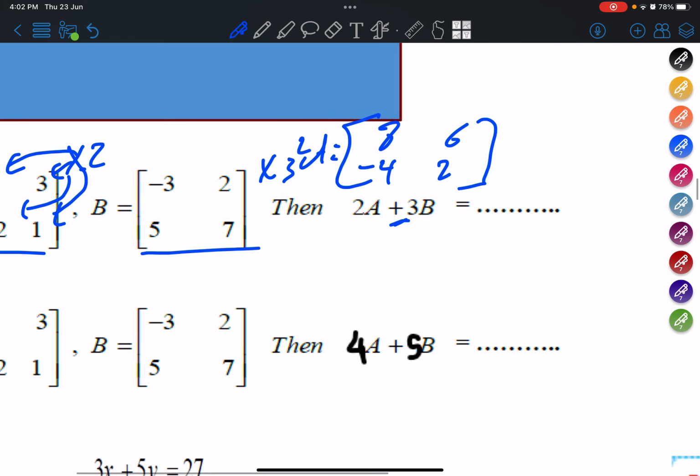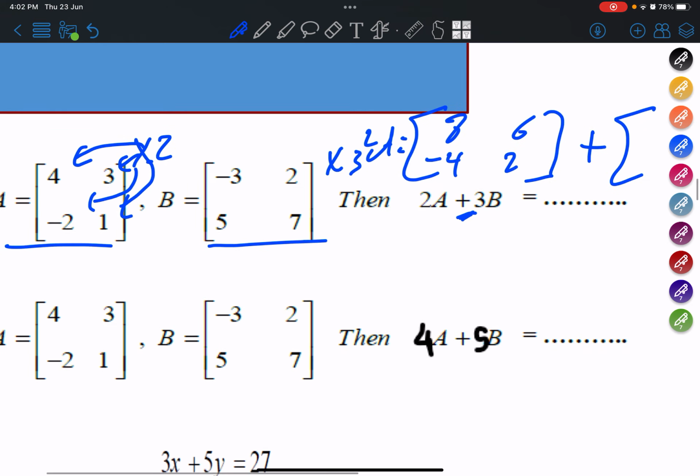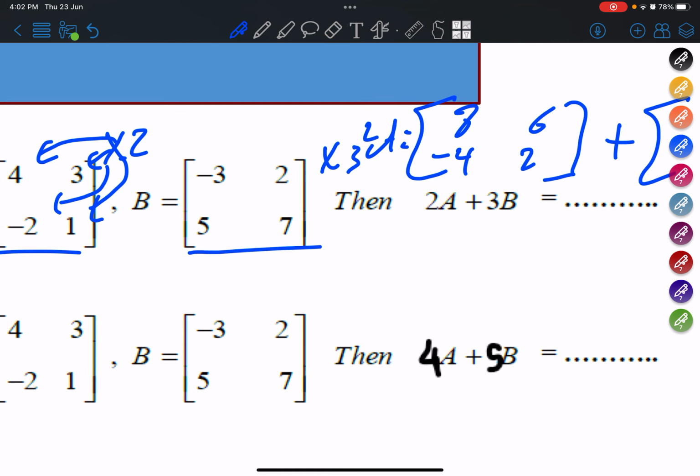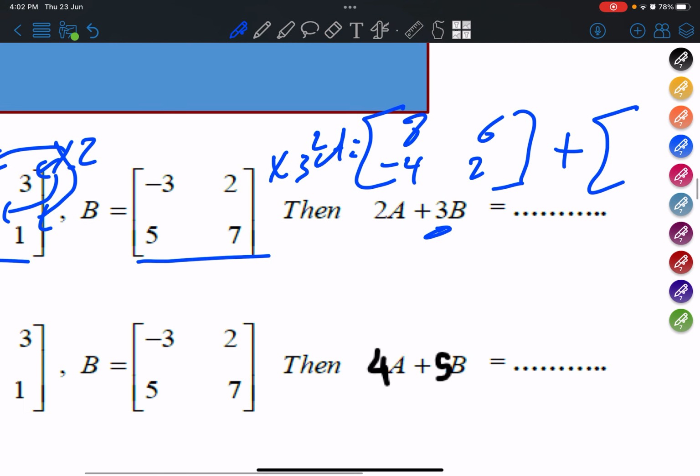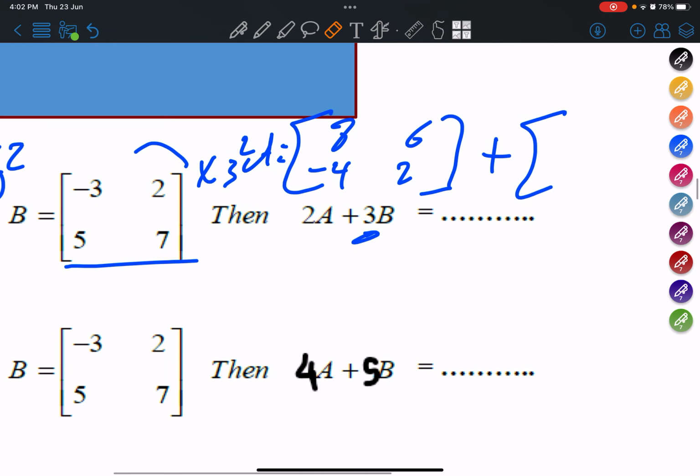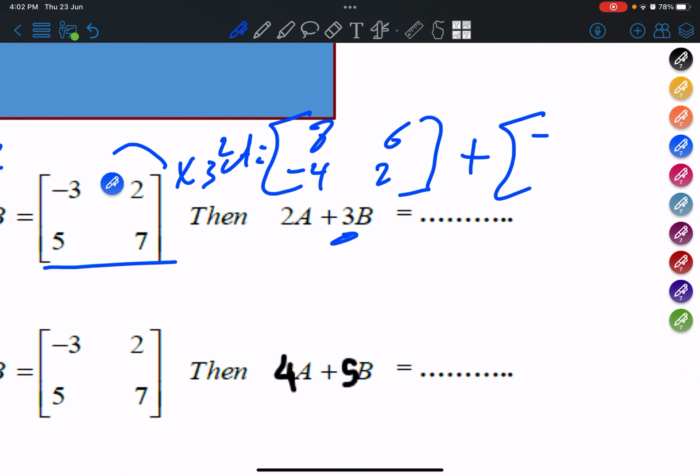Okay, then we put the sign here, so plus, and then the second matrix, 3B. So let's multiply 3 by each element in matrix B. So we have negative 3 times 3, which will be negative 9. 3 times 2 is 6, 3 times 5 is 15, and 3 times 7 is 21.